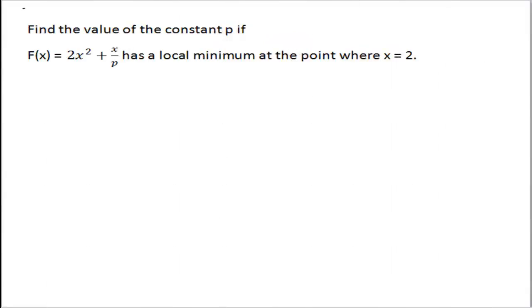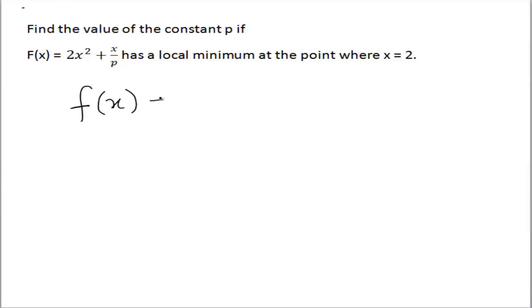This problem is G10. It's still in calculus, and now we find the value of the constant p if it has a local minimum when x is equal to 2. So in other words, we need to find the derivative, and we will use this f of x as 2x squared plus 1 over px.